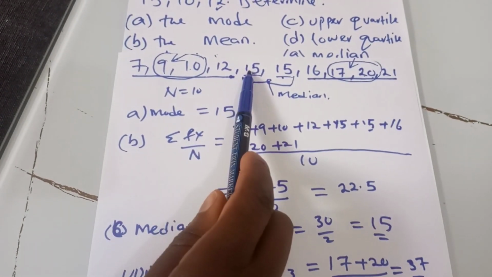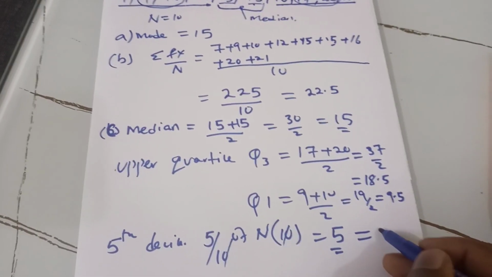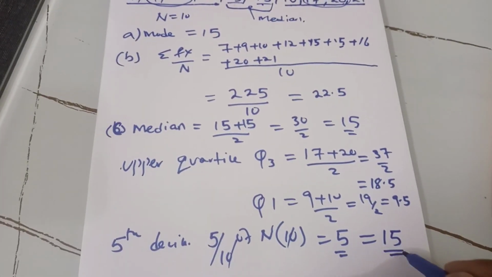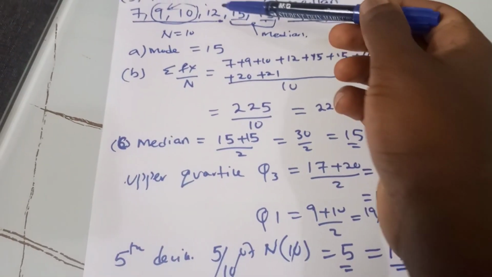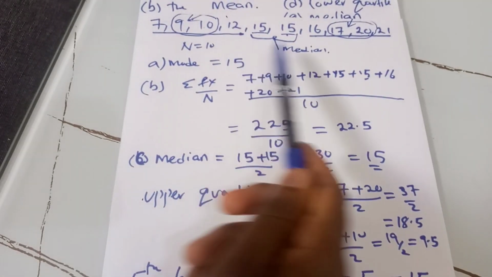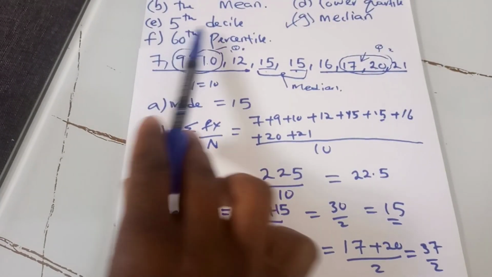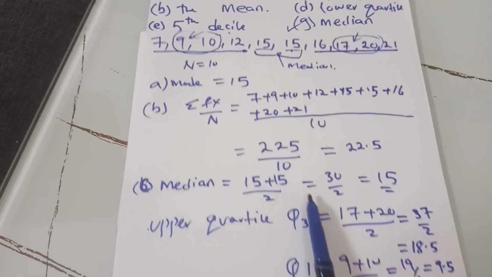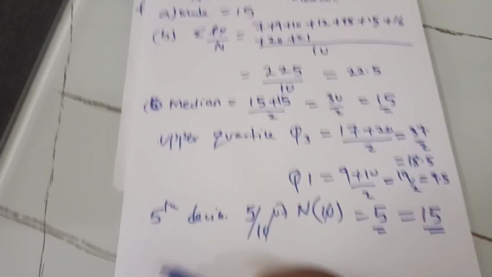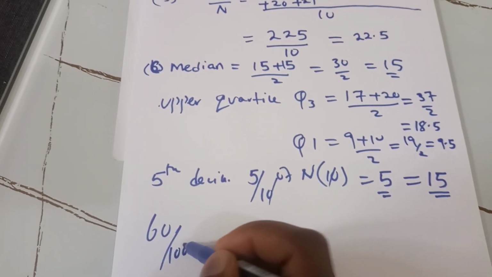So we count up to the fifth value, and we get 15 to be the fifth decile. It's just a coincidence that we are having many answers being 15, but it's the fifth value. Decile means out of 10. So fifth decile, 5/10, and that's how we arrive at it.